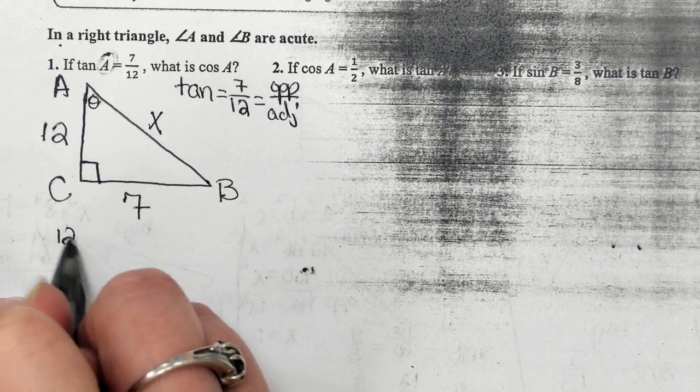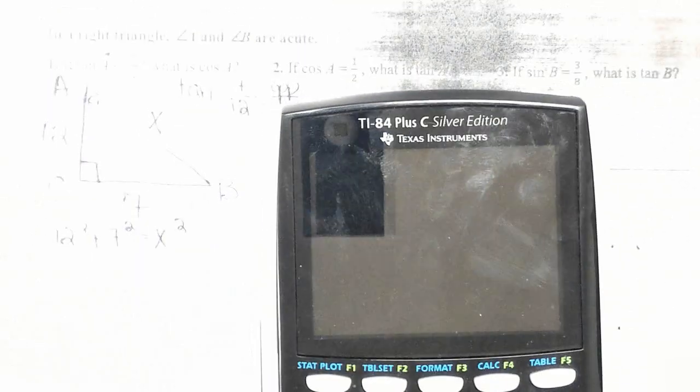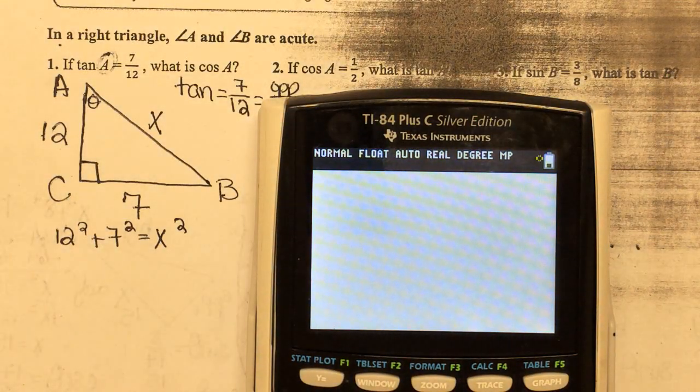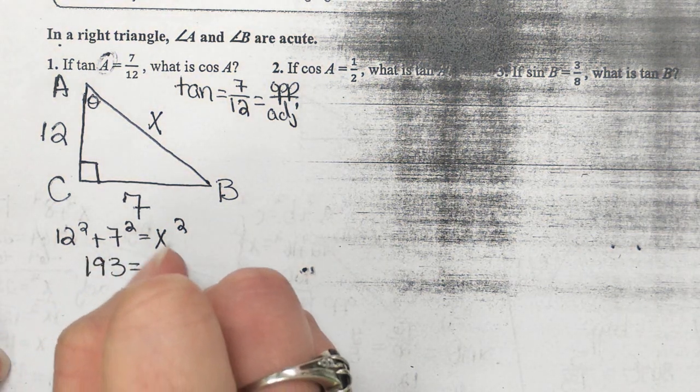Very good. So 12 squared plus 7 squared equals x squared. You can just go ahead and plug it straight in. 12 squared plus 7 squared. How much did you get? 193. Square root it.